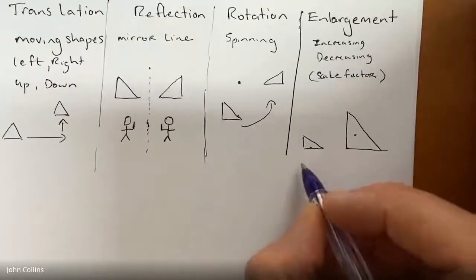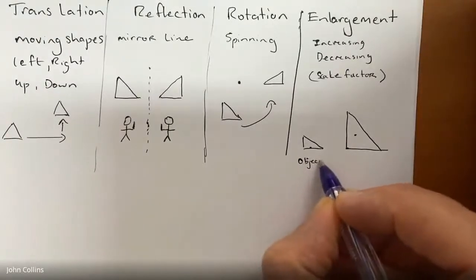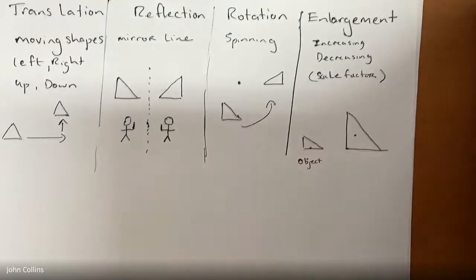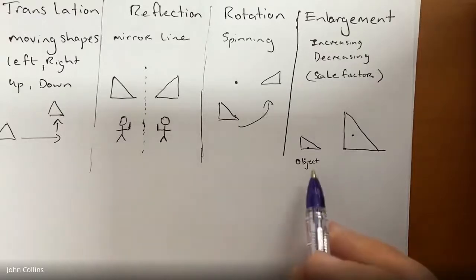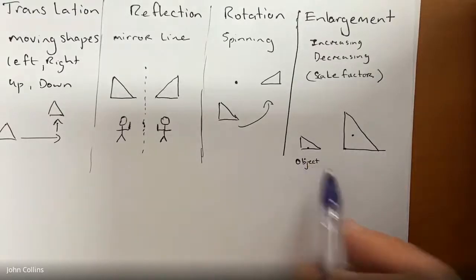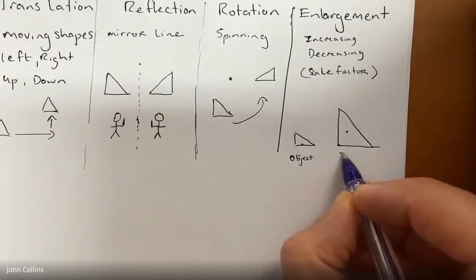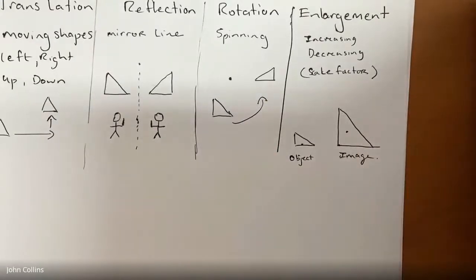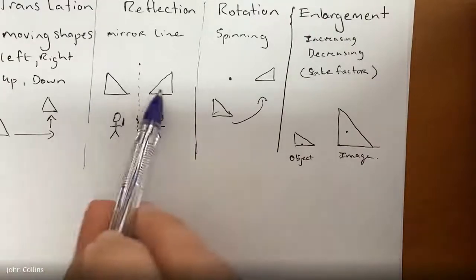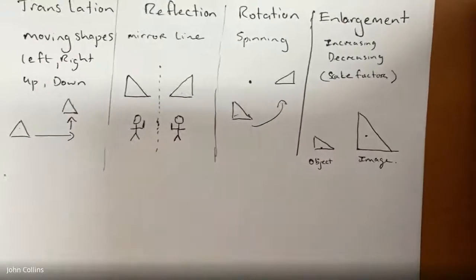The object is here, and the other one is called the image, and that's the same for all of these. Object, image, object, image, object, image.